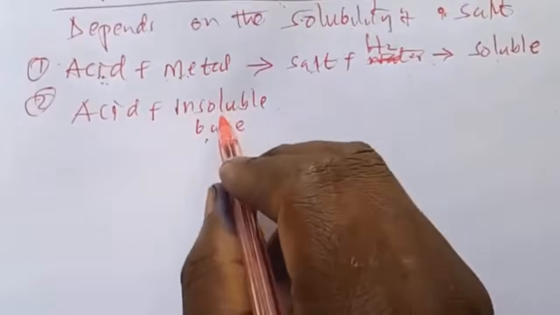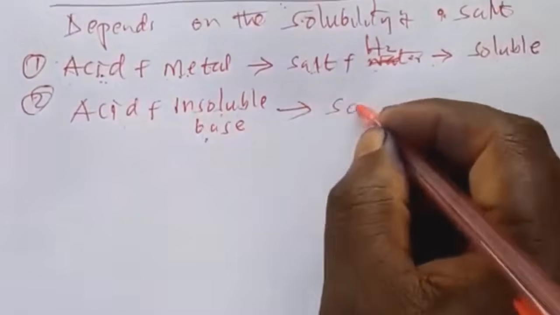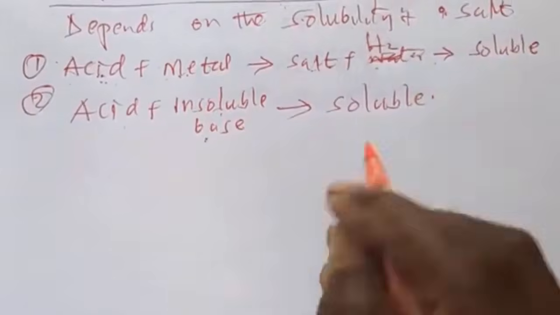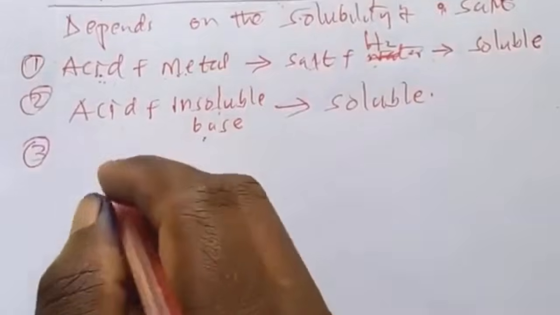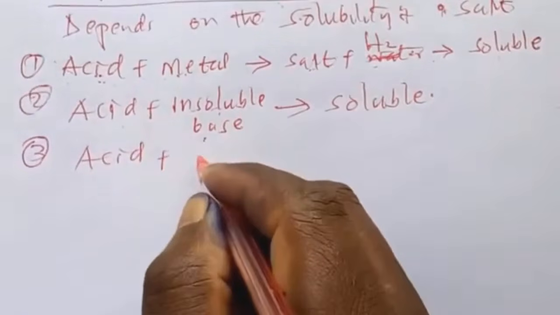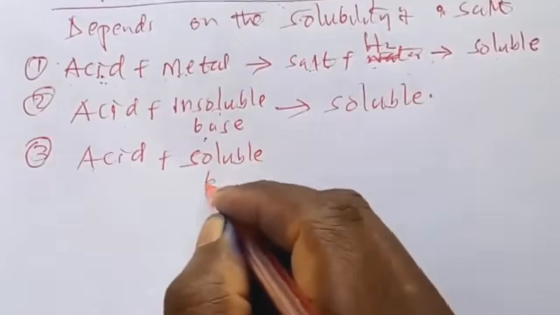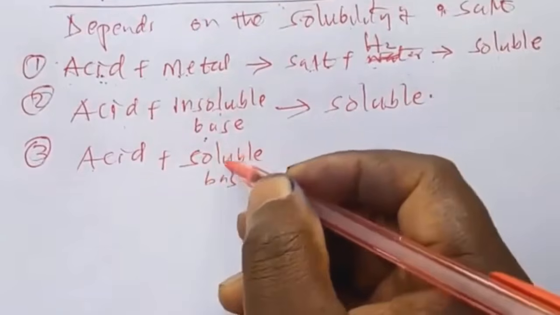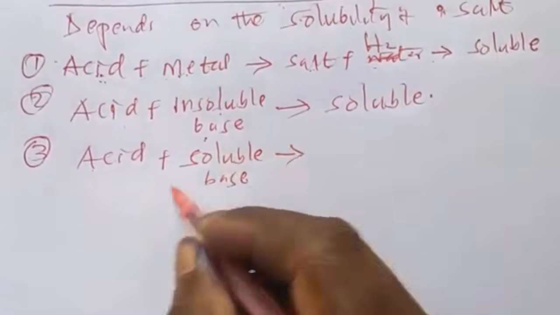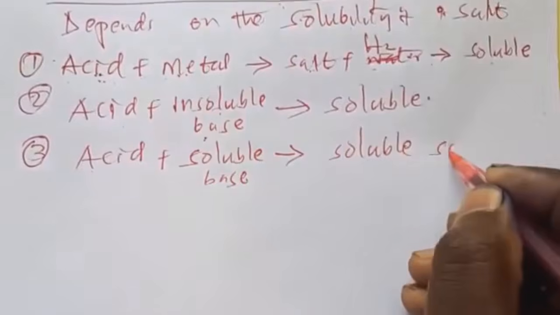So we will form a salt plus water, and the salts formed here are soluble. Number 3, we are going to mention acid plus soluble bases. Soluble bases, mostly they are hydroxides, so they will give a soluble salt.